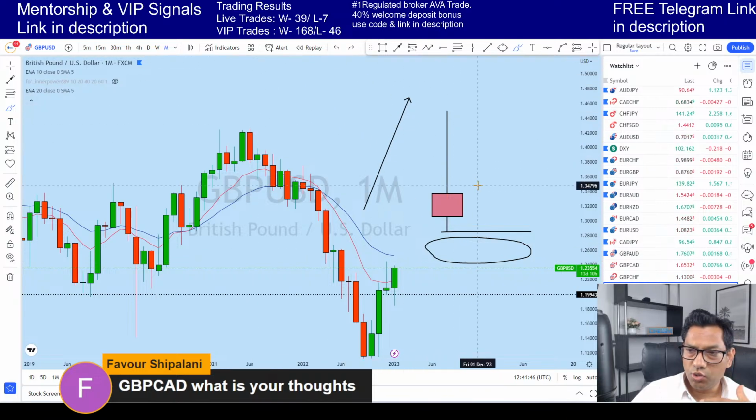And this is where multi-time frame plays a big role to understand why you need to look at the monthly.